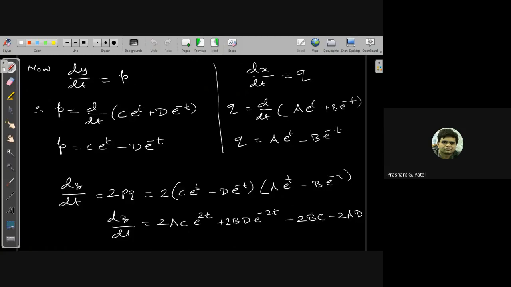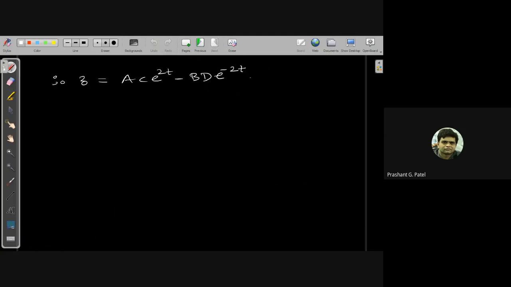And then this constant term: its integration gives minus 2(bc plus ad) t, plus another constant, let's say e.